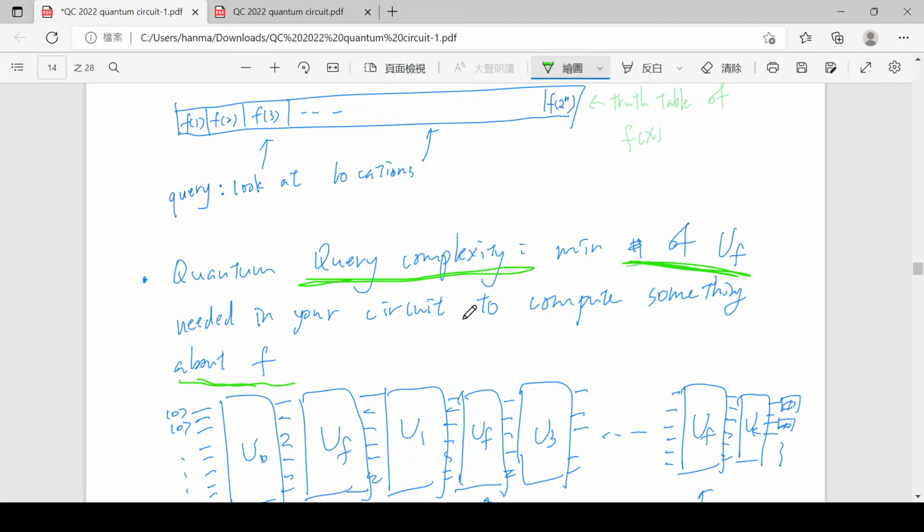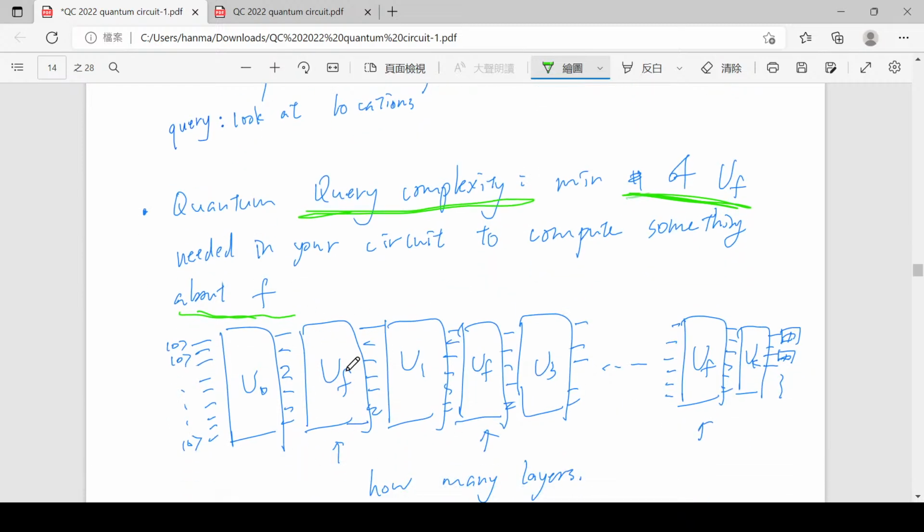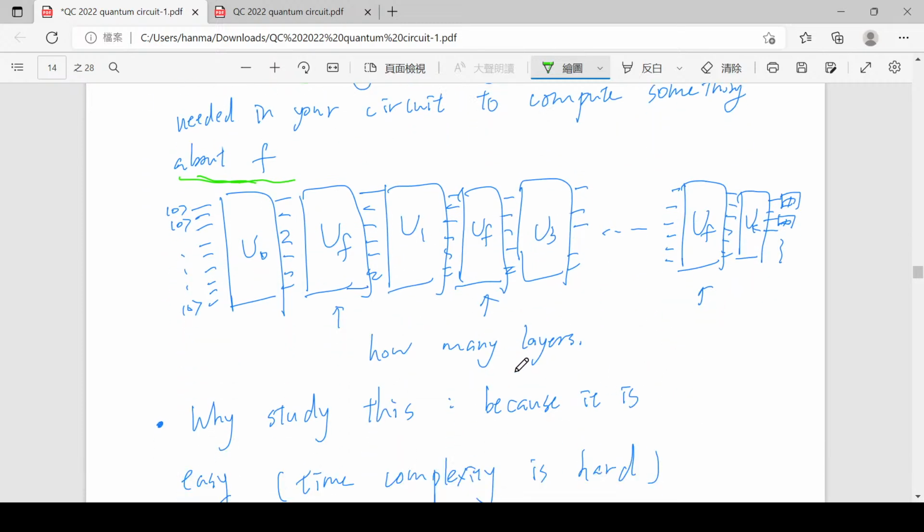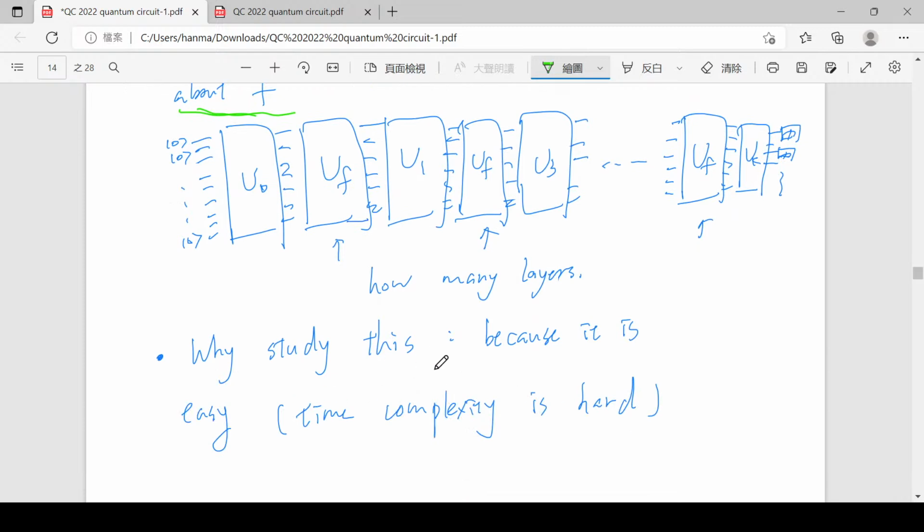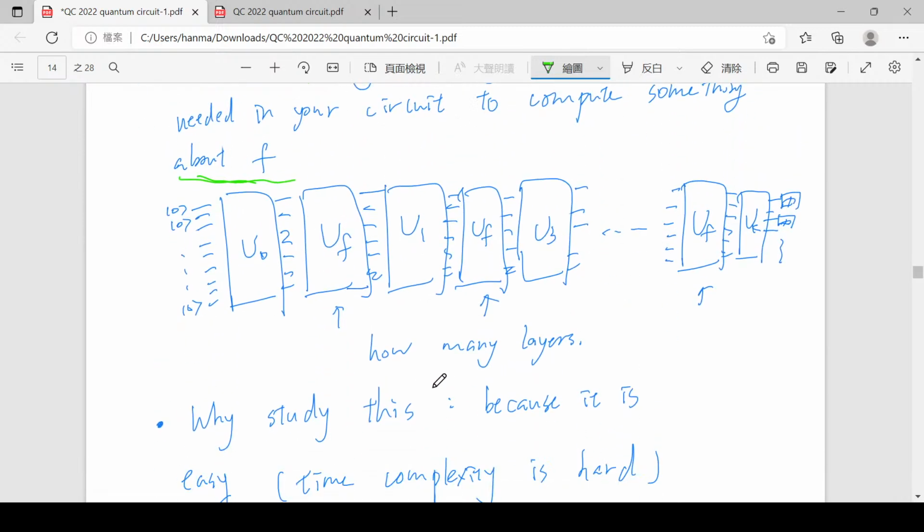The justification is usually we say this U of f is a very costly subalgorithm, and so most of the time spent on your algorithm is how many times you need to call this subalgorithm. So we think about query complexity as an approximation to the time complexity.